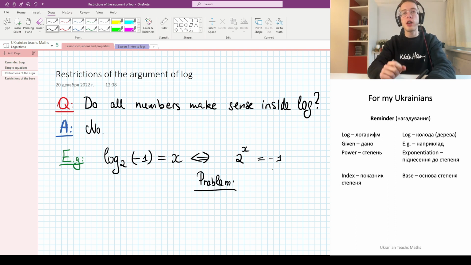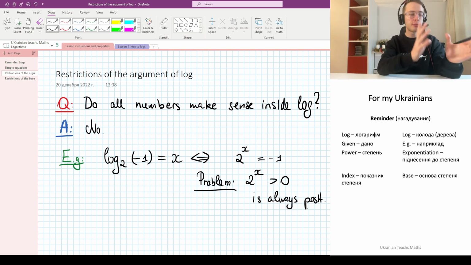that the result of exponentiation to a real value is always going to be positive. So 2 raised to the x is always greater than 0, is always positive. Which means that I can never have that 2 to x is equal to minus 1.